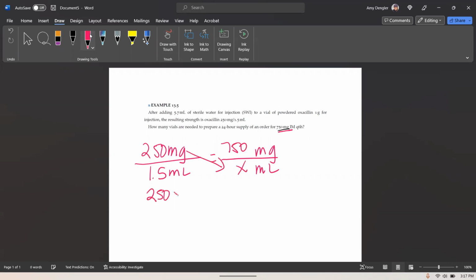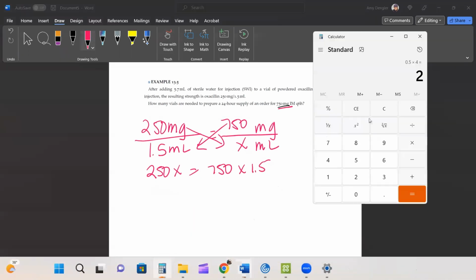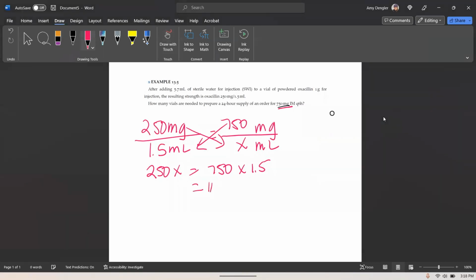So we're going to go 250x is equal to 750 times 1.5. So for this one, we're going to need to take care of that multiplication side first. So 750 times 1.5 is 1125. And then carry that down.